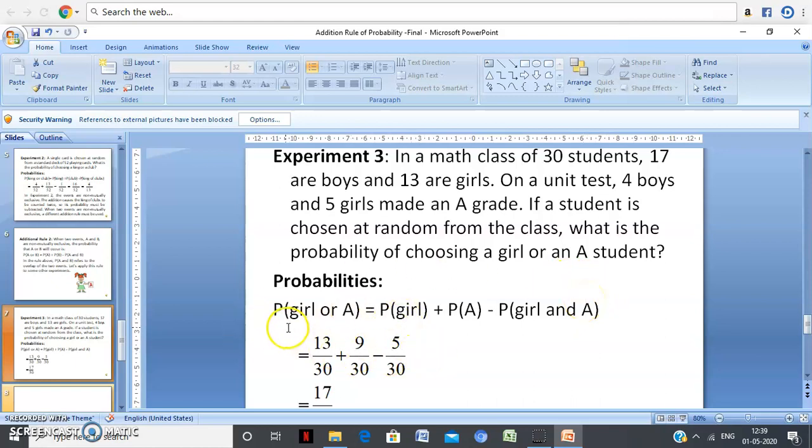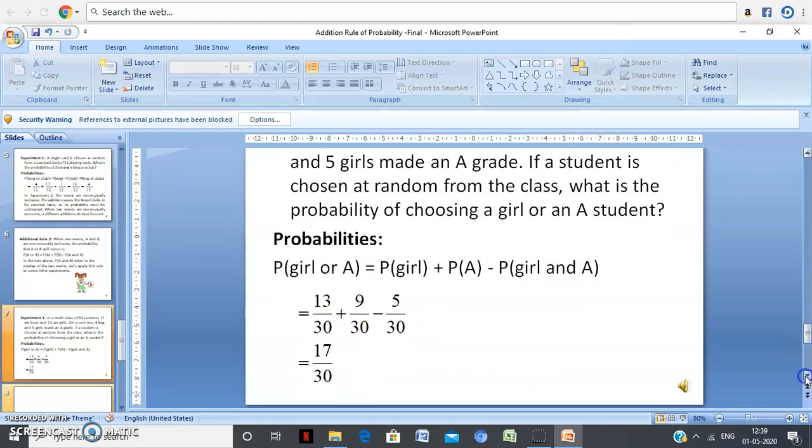Probability that it is a girl or an A student is equal to probability that it is a girl plus probability that it is an A student minus probability that it is a girl and an A student. Here we see 13 by 30 plus 9 by 30 minus 5 by 30, and this comes to 17 by 30.